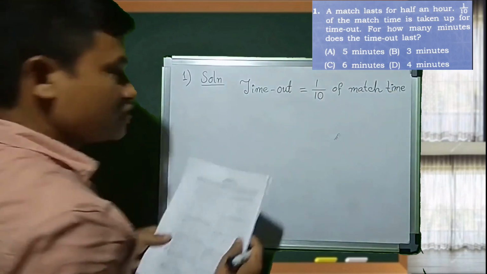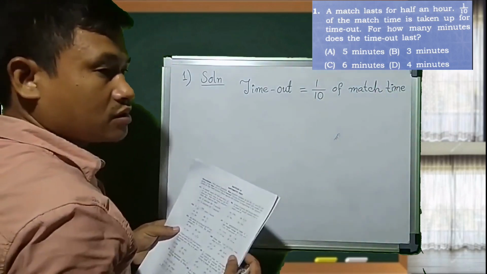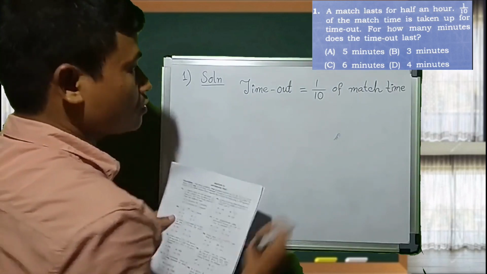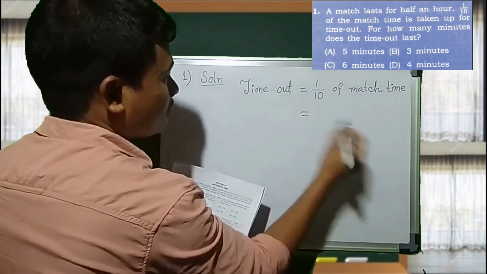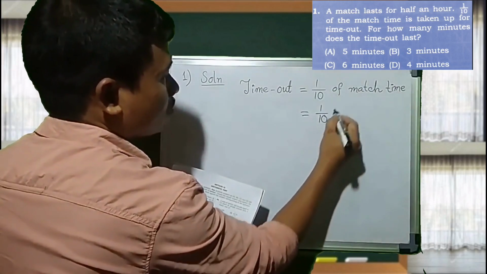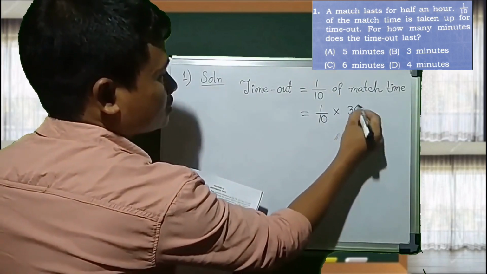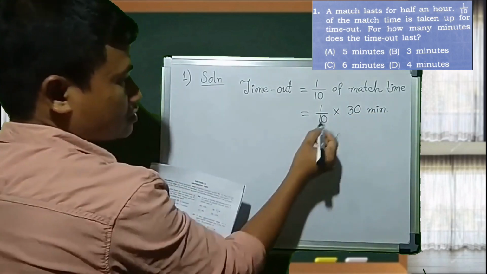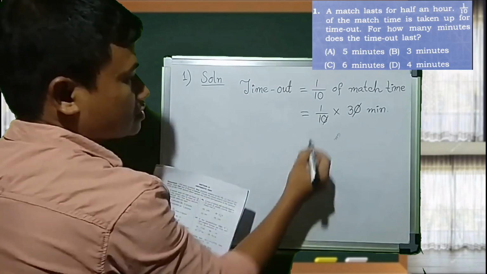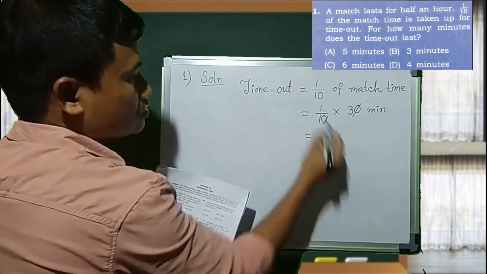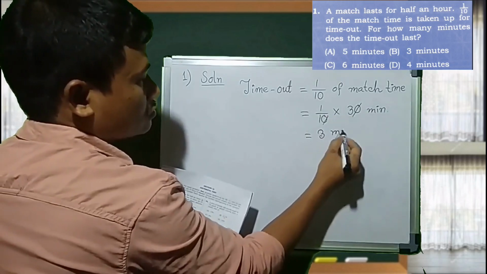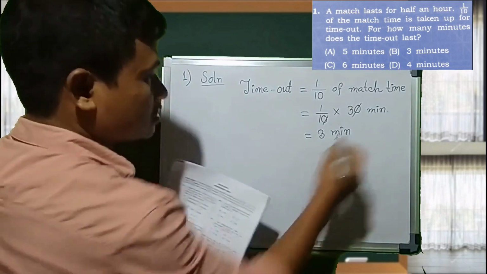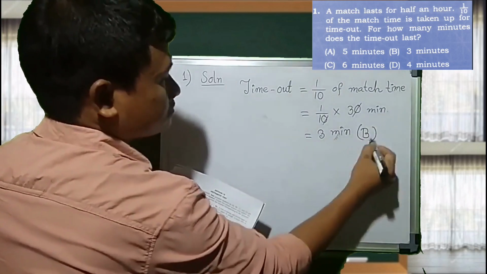And what is the match time? That means how long was the match played for? Half an hour. Half an hour means 30 minutes. Then the 0 will get cancelled. Then what remains? 3 minutes. So the right answer, that means the right option, is B.